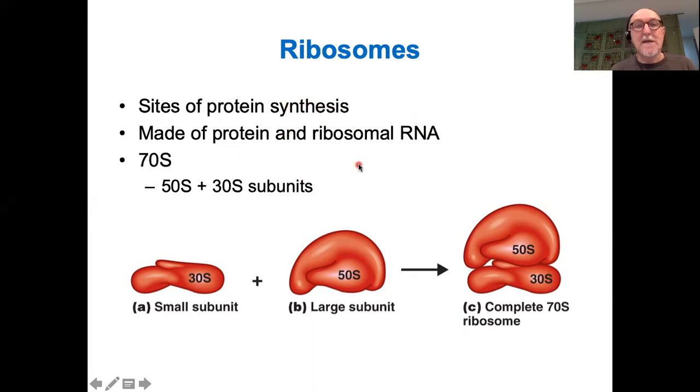And there are two subunits. There's a small one, and there's a large one. And normally inside the cytoplasm, they exist apart from one another. But as soon as messenger RNA appears, the ribosomes will latch onto the messenger RNA, the small particle first, and then the large particle, and they will begin to read the messenger RNA and produce a protein strand.